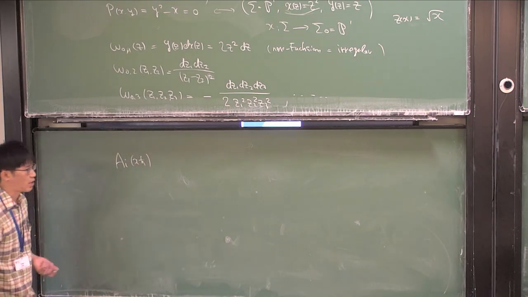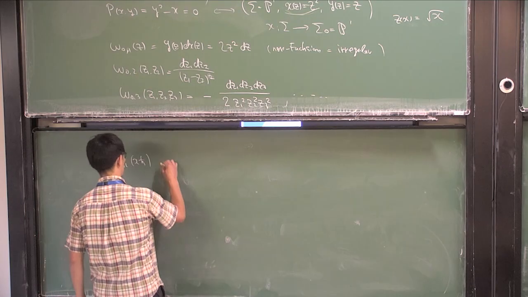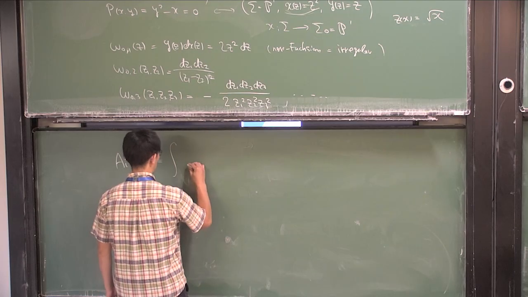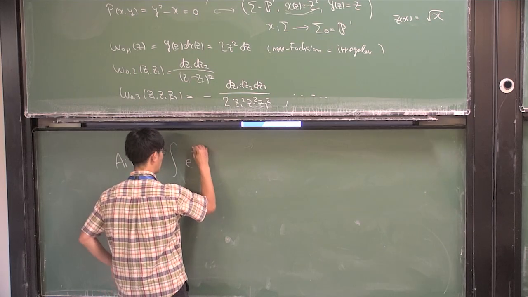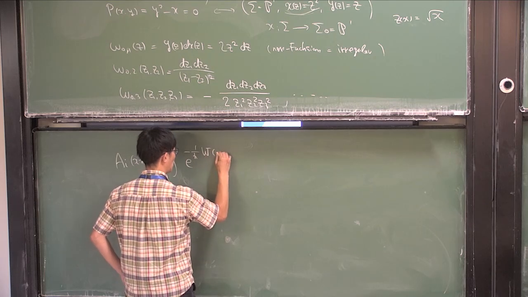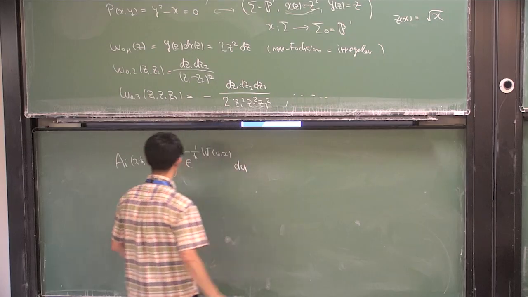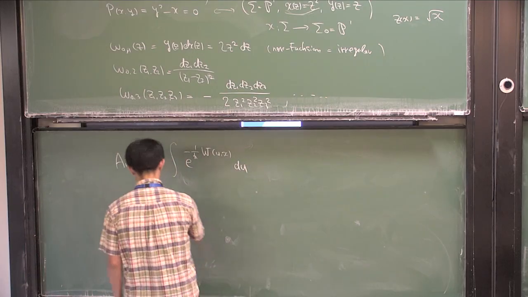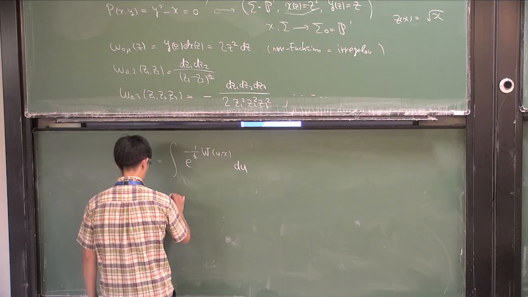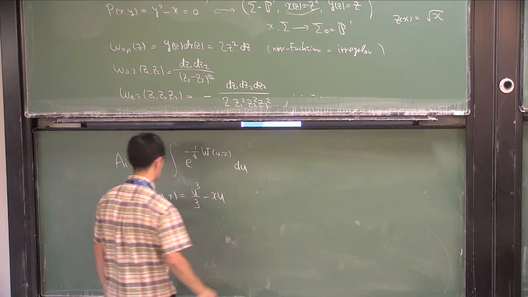Airy's differential equation has an exact solution. That is a divergent formal solution, but it has an exact solution, which is an oscillatory integral of, say, u and x, where u is the integration variable, and this w is a polynomial in u, and x appears as a parameter of this function.